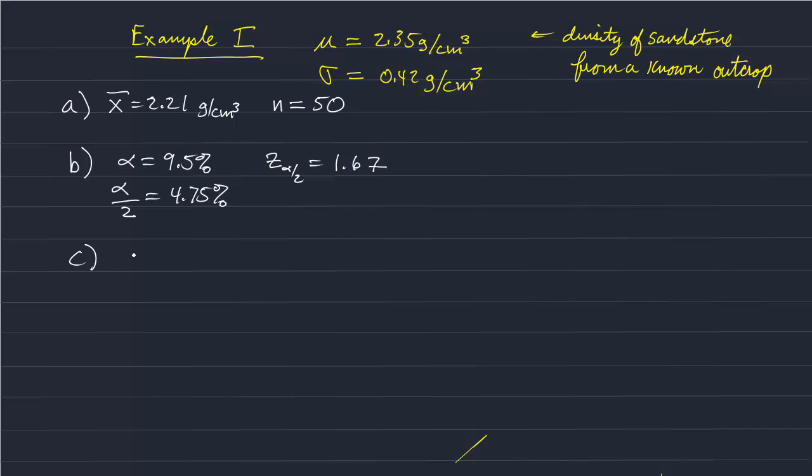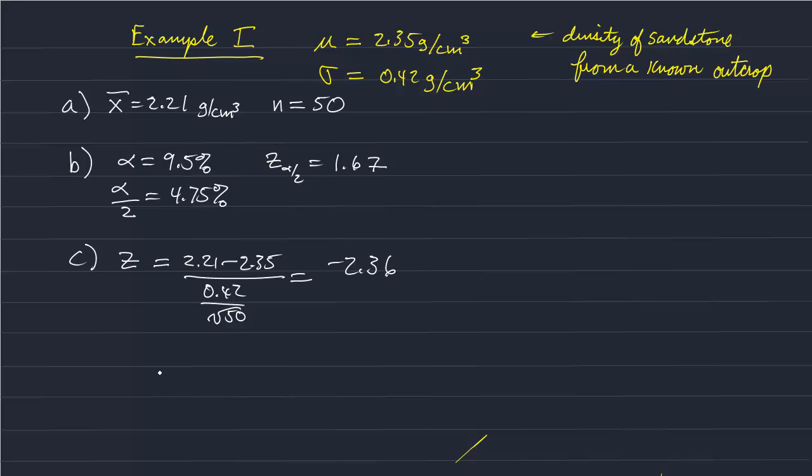Okay, step 3 was to compute Z of our sample, and that's 2.21 minus 2.35 over 0.42 divided by the square root of n, which is 50, gives minus 2.36.